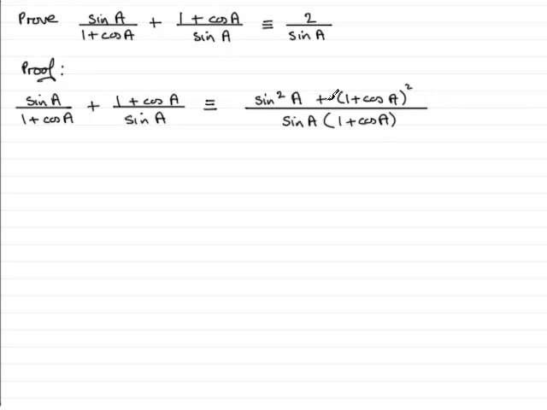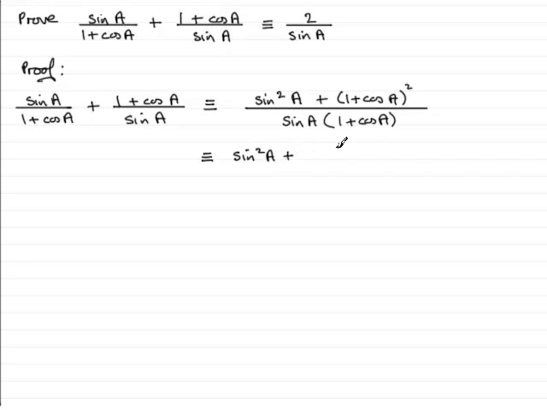Okay, now where do we go from here? Well, I notice that I've got my sine A already on the bottom here, so I'm going to leave that alone. I've got the 1 plus cos A. I'm not going to do anything with that. I'm not going to expand this bracket. So what I'm going to do is just tidy up the top. So we'll have the sine squared A term like that. We're going to expand this square bracket.